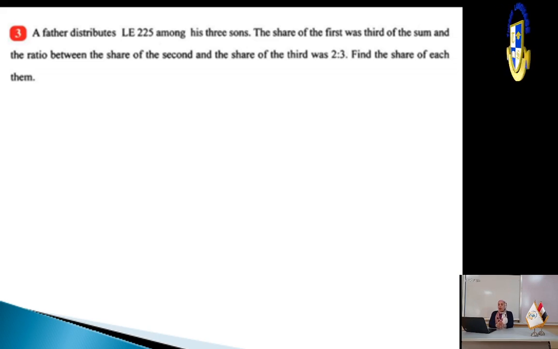Okay. A father distributes 225 pounds among his 3 sons. The share of the first one was a third of the sum, and the ratio between the share of the second and the share of the third was 2 to 3. Find the share of each of them. Firstly, we will calculate the share of the first son.